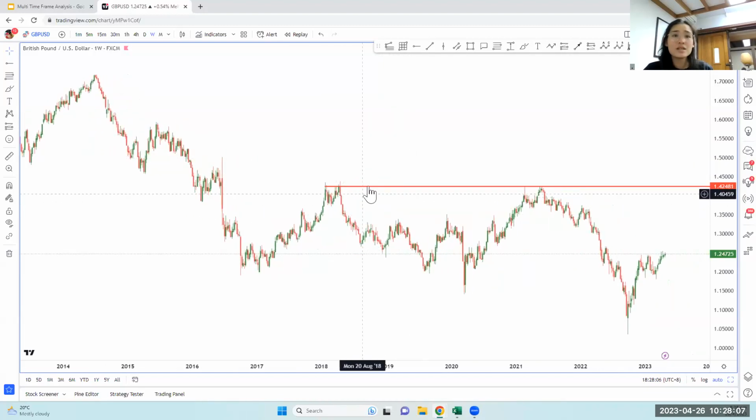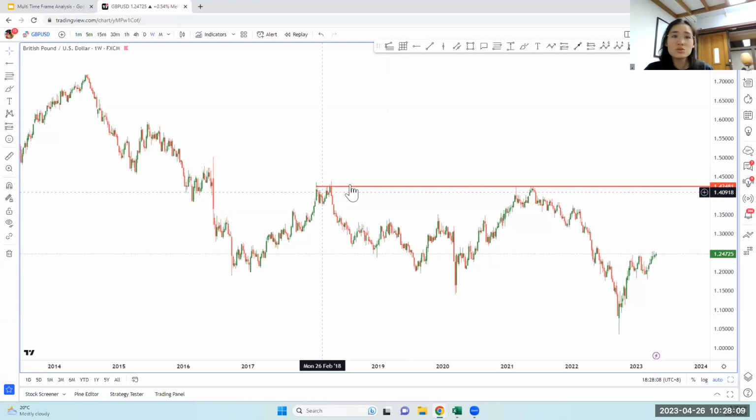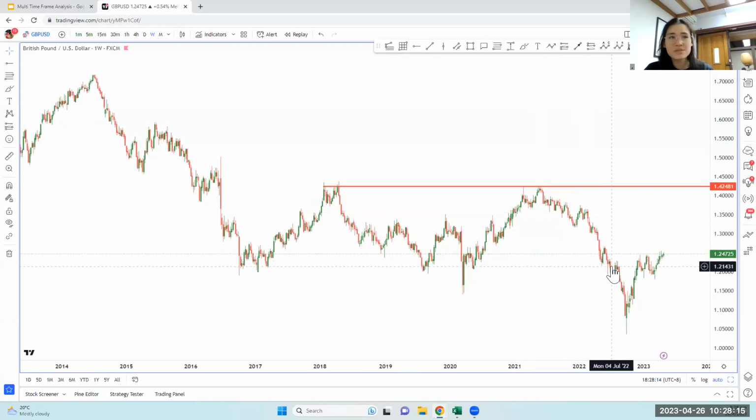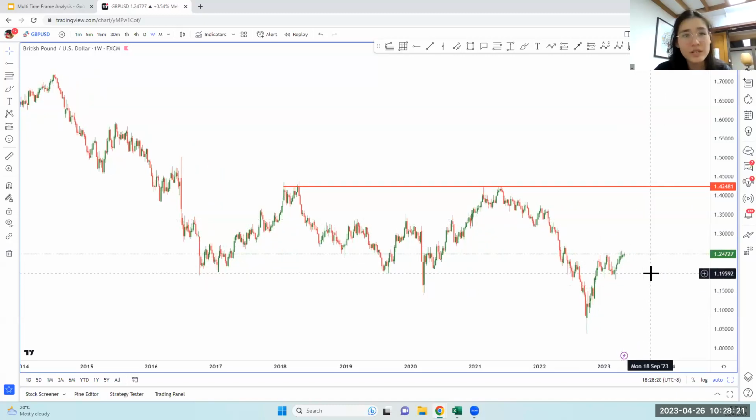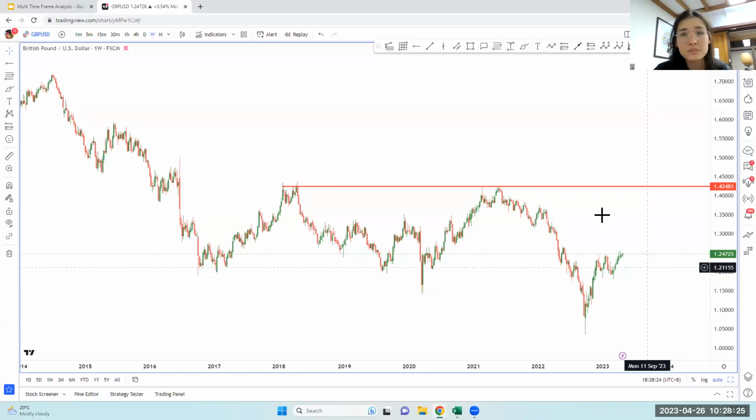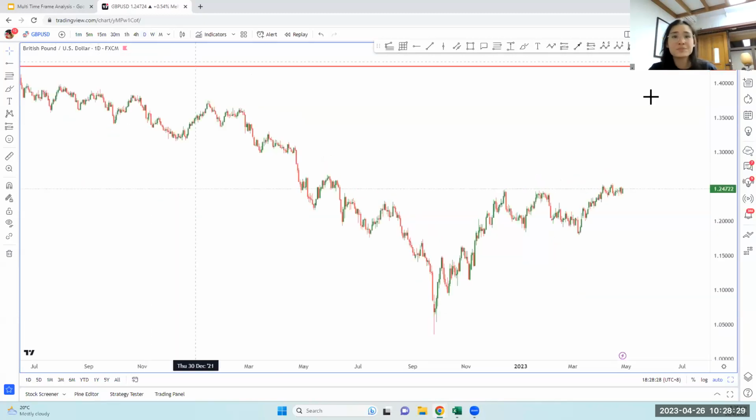Okay, so you can see because there are two multiple swing highs over here, that's why I'm saying that it's a significant resistance level. Okay, there aren't really any significant support levels. So let's just go ahead and work our way down.